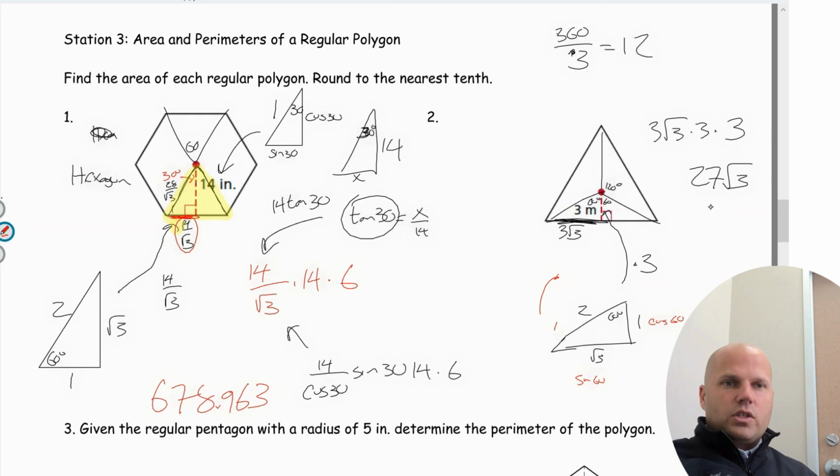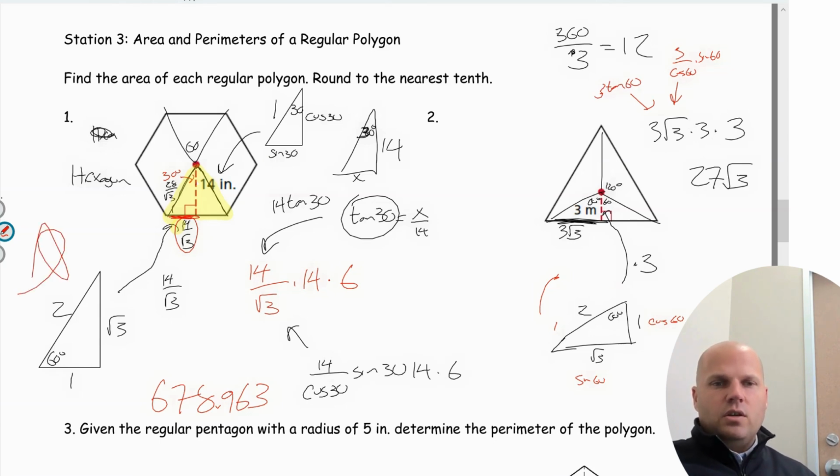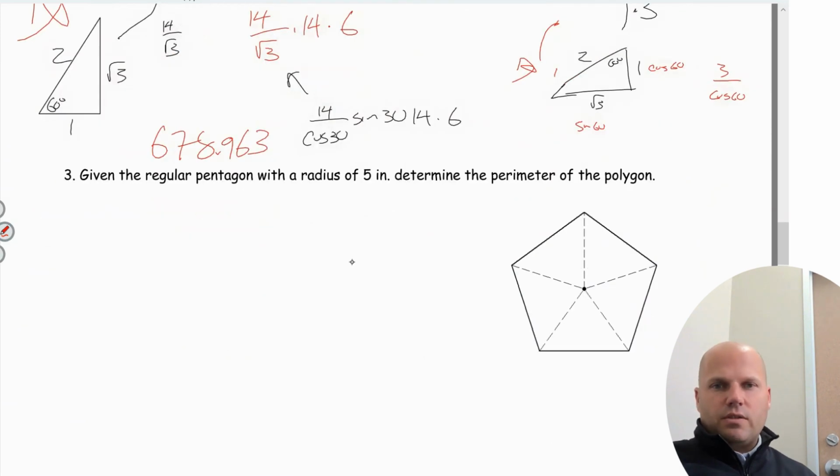So this 3 root 3 could be written as 3 over the cosine of 60 times the sine of 60, or as 3 tangent of 60. But team, if we ever have a 30, 60, 90 triangle, we want you to use the special right triangle side lengths.